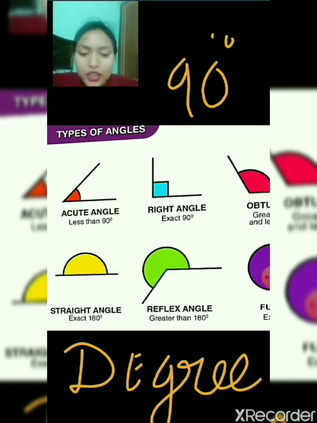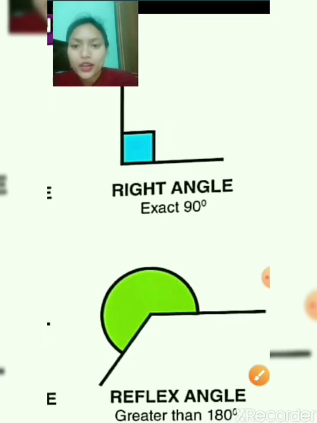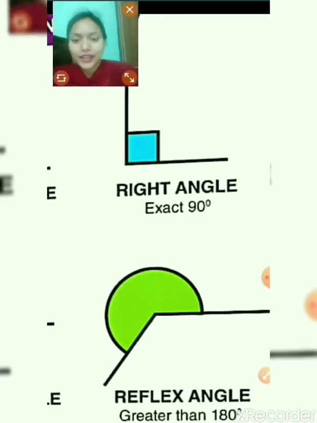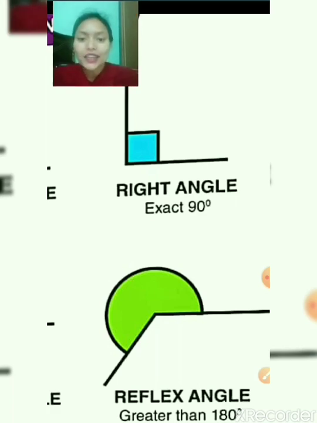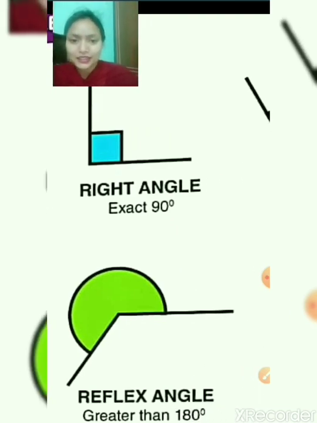Now after this we'll study right angle. So what is a right angle? A right angle is an angle whose measure is exactly 90 degree. Means angle of 90 degree is called a right angle.